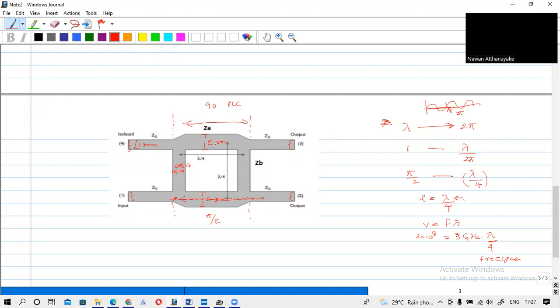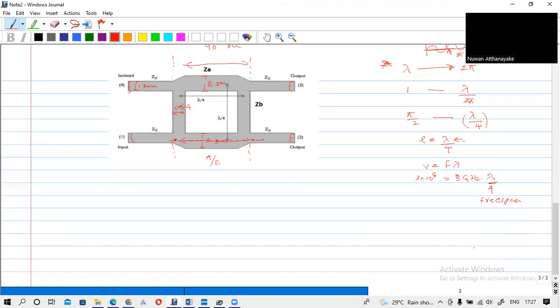But these are microstrip, so this lambda will change on microstrip. It is called the effective, or guided, wavelength: lambda g equals lambda divided by the square root of epsilon effective. This epsilon effective is not the dielectric constant.